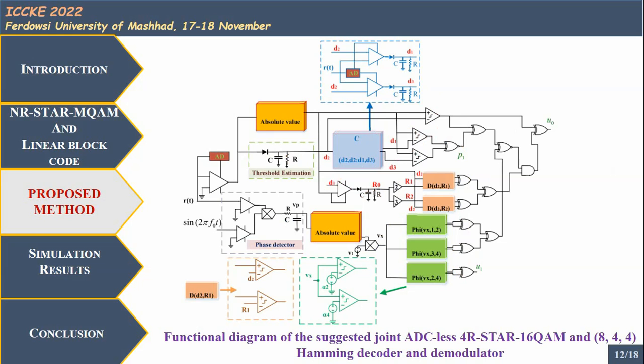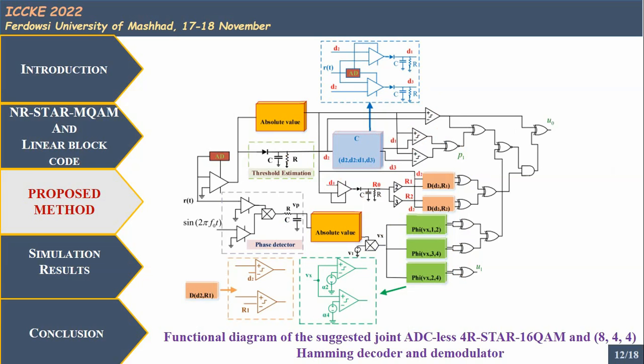The functional diagram of the proposed 4-ring star 16 QAM with extended binary 844 Hamming channel code is depicted in this figure. The proposed amplitude adaptive scheme consists of the absolute value circuit, envelope detector, phase detector, and some logic gates.